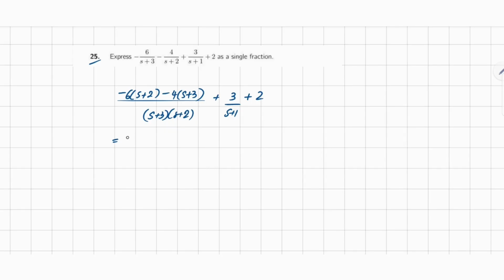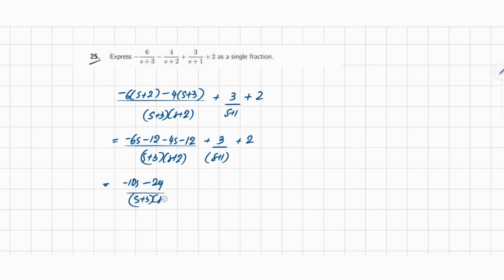We can simplify this further. We get minus 6s minus 12 minus 4s minus 12 over (s plus 3) times (s plus 2), plus 3 over s plus 1, plus 2. We get minus 10s minus 24 over (s plus 3) times (s plus 2), plus 3 over s plus 1, plus 2.